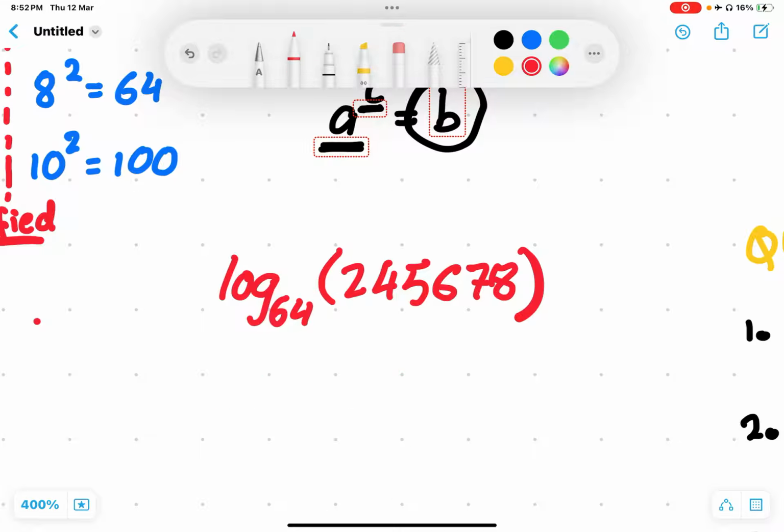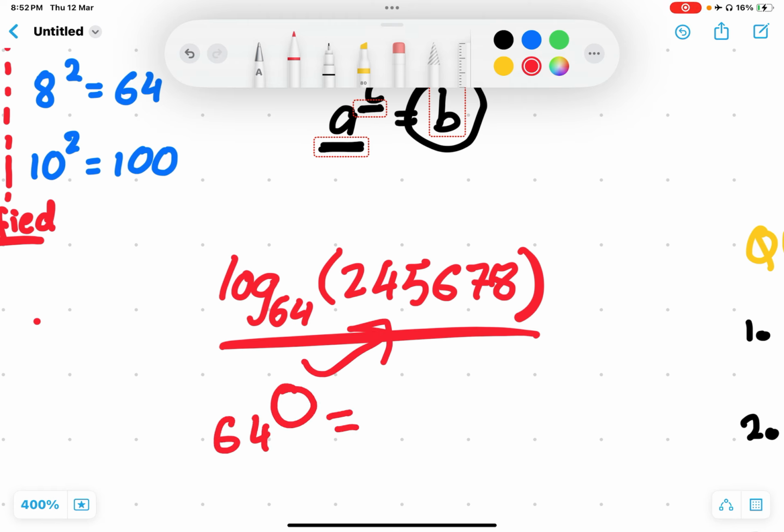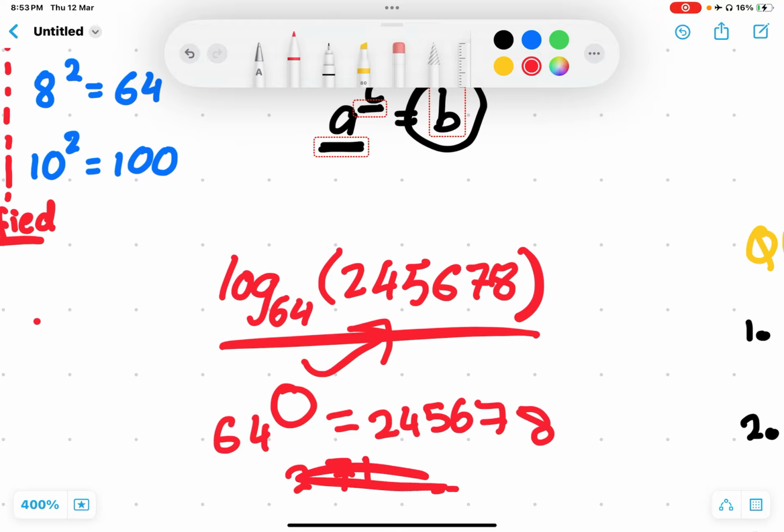So that's where we can use our calculators in order to use the log function on it and figure this out. Now, this may not be perfect, like 64 raised to a whole number may not give 2, 4, 5, 6, 7, 8. And that's okay, because our calculator can give you decimal numbers as well. Something like that. I'm just making this up, by the way.